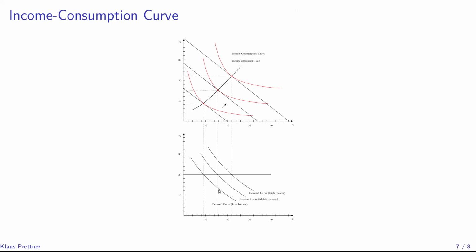And that's the difference to the price consumption curve, where the price change led to points along the demand curve. So if the price increases, we would move along the demand curve to a lower consumption level. But if income changes, it is a shift of the curve. So for any given price, the demand level changes.